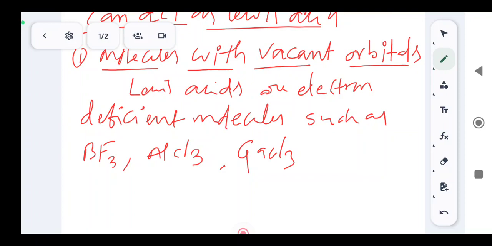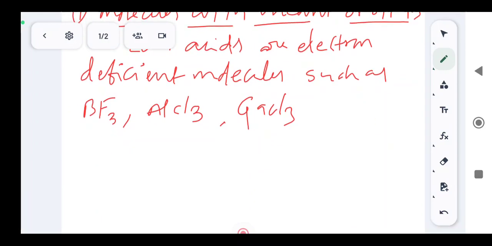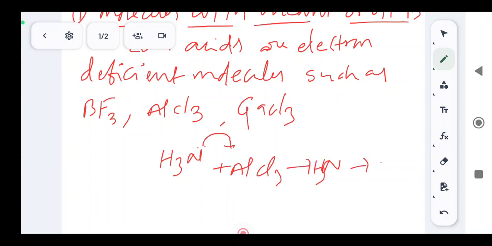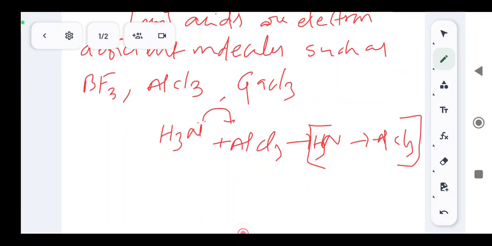So these have vacant orbitals. For example, NH3 donates a pair of electrons to AlCl3, and we get NH3 to AlCl3, which is a complex. So here a coordinate bond will be formed between these. Okay, this is one point.